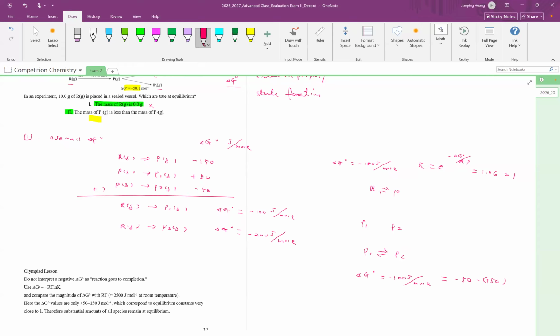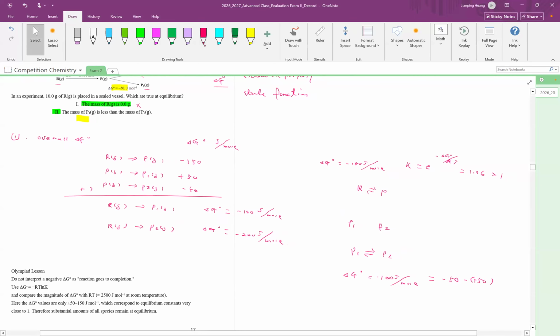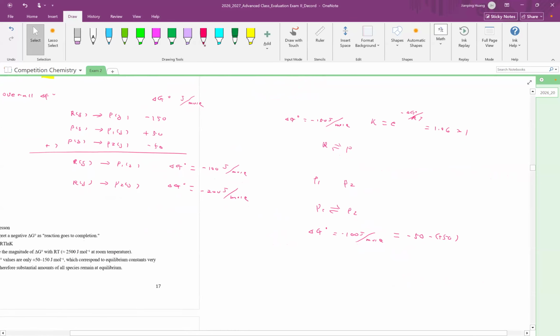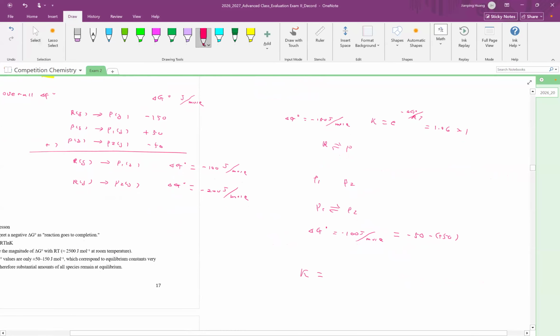You get 100. Give me a second, okay? Now K equals what? K equals P2 over P1, which equals e to the 100 over RT. So you get 1.04. 1.04. Can I say P2 is greater than P1?